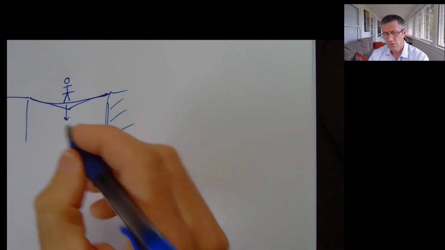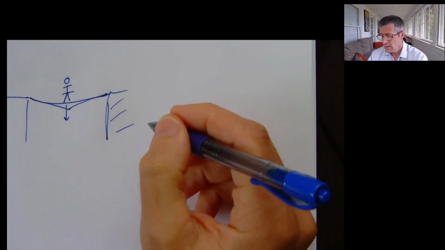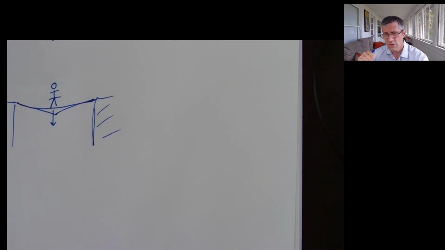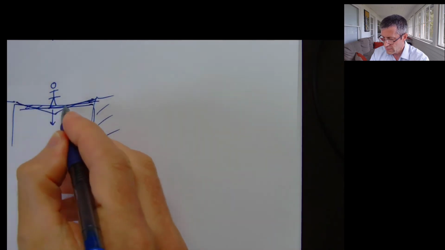So there are 2 forces. He's not accelerating. This is what we mean by the normal force: the force that's coming from that substance, in this case the string, to keep him at that position. So if we replace the string with a board, right?